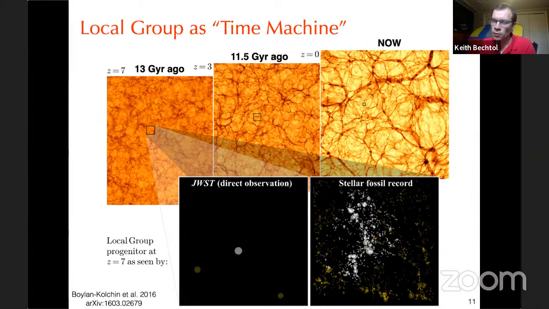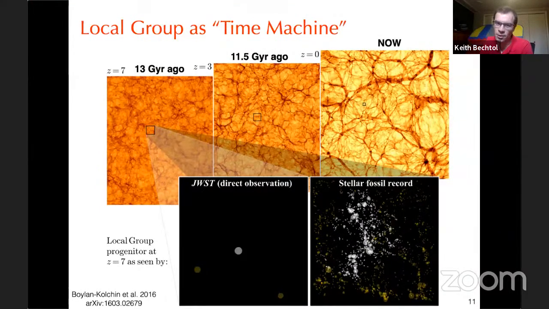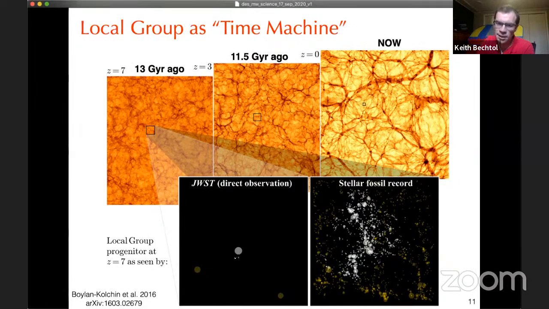And so if we could imagine using the James Webb Space Telescope to try to directly look back at those galaxies, if we could look at a Milky Way analog as it was 13 billion years ago, maybe we would only be able to see the very brightest of these galaxies.